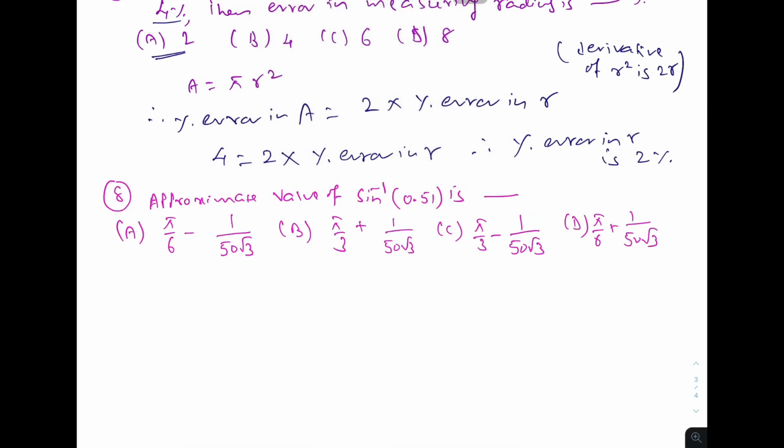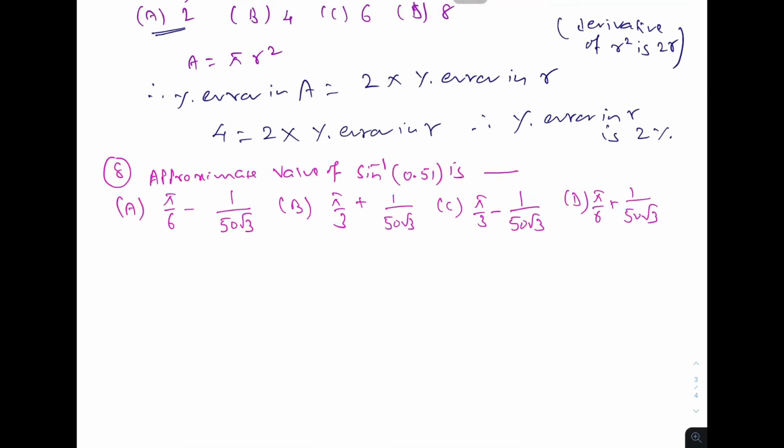Now see the sine inverse 0.51. So sine inverse 0.50, that means sine inverse 1 by 2, that we know it is pi by 6.